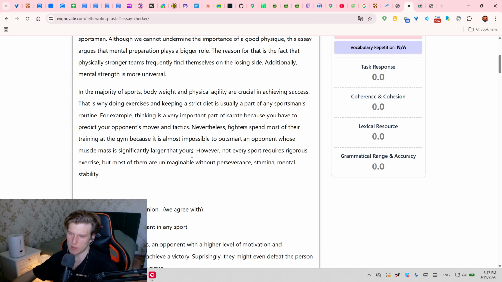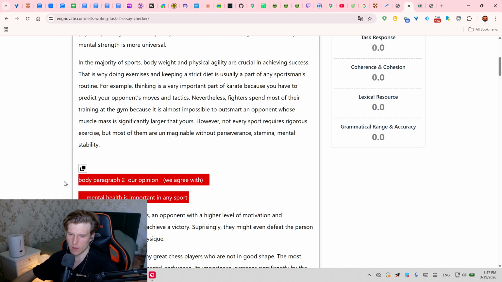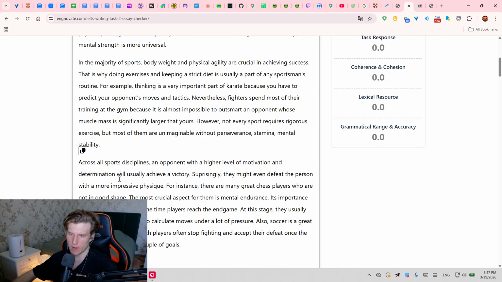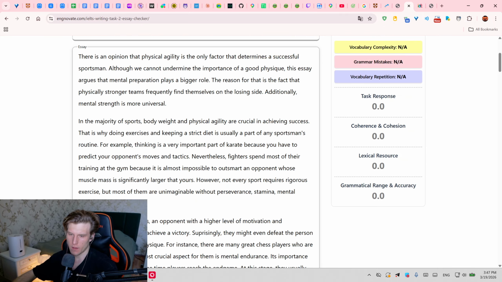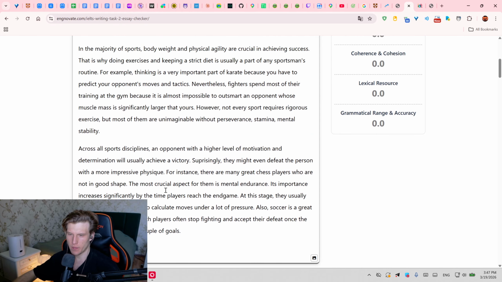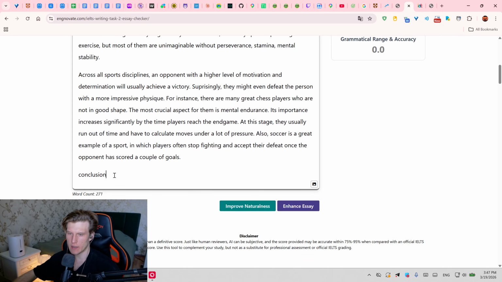And that goes just at the end of this body paragraph. Now we're removing that part. We need to break a line here. And that's it. And now we need a conclusion, yeah?